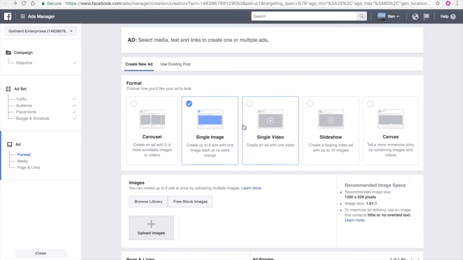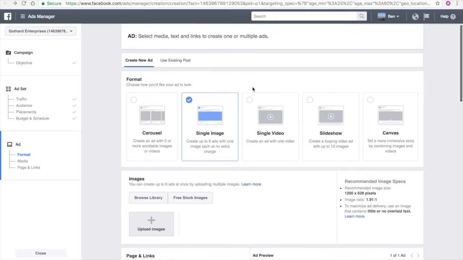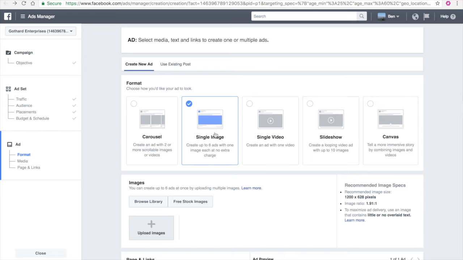and just for the sake of this case study, we're going to keep it at a single image. Clearly, videos are going to be more powerful than images, but if you don't have a video, use an image.